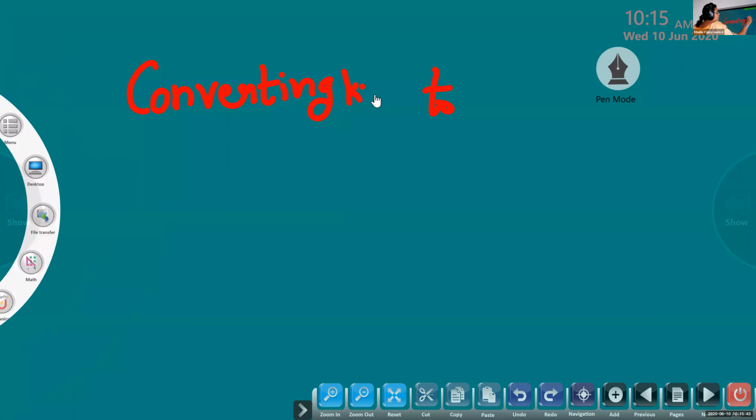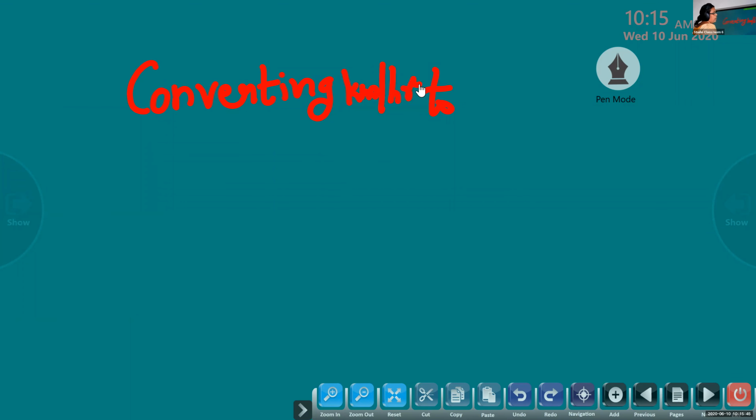Converting kilometer per hour. Why are we converting? Meter per second is the SI unit of velocity. Every time our answer should be in meter and second. So, how to convert? Write down below. We already know that 1 kilometer is equal to 1000 meter. Already learned in maths. Correct?